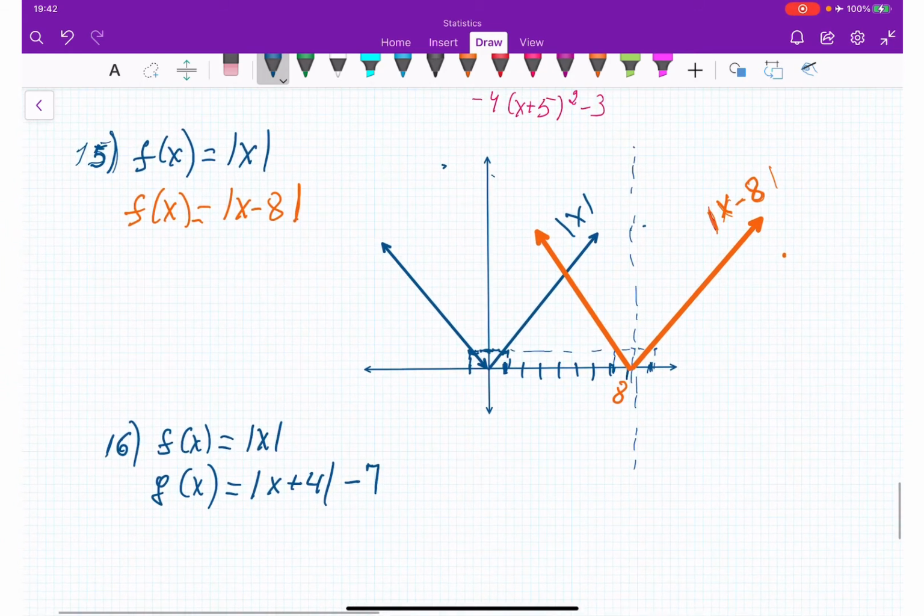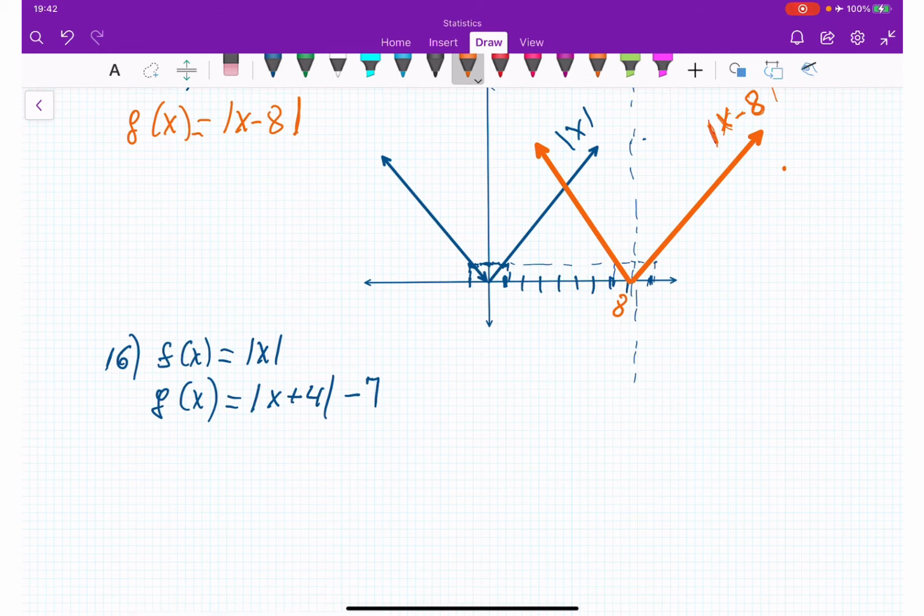Let me fix here, instead of f of x, it would be the right way to do, put some other name, g of x, because I have already f of x, okay? Just for correctness. Now this one, to the change of x, we are adding change of y. Yes?